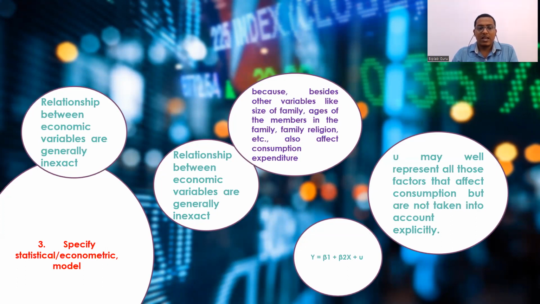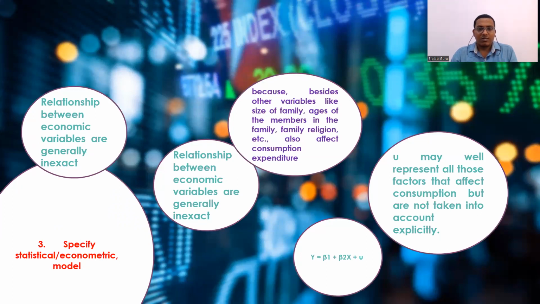In econometric estimation, the relationships between economic variables are generally inexact. So there is some variation in the dependent variable which often goes unmeasured, or is not explained by the independent variables we have included in the model. Whatever could not be explained in the regression model is kept under the disturbance term.